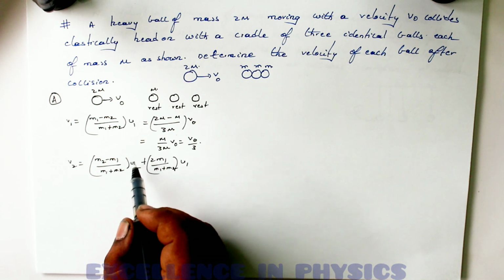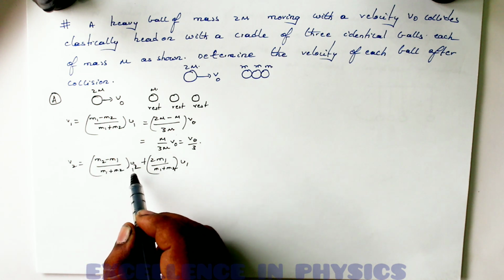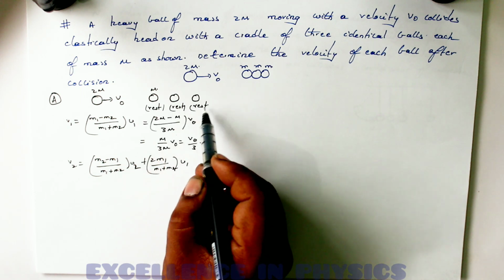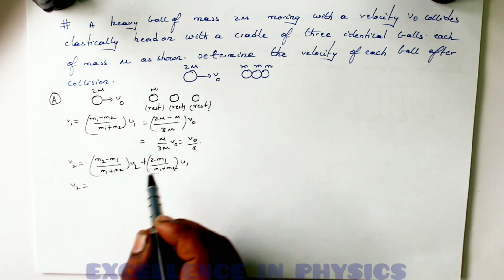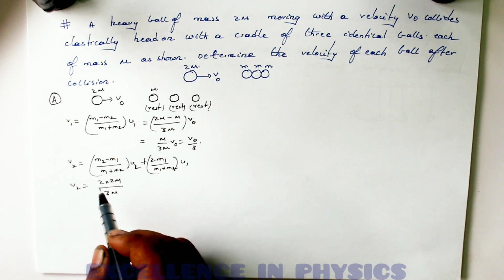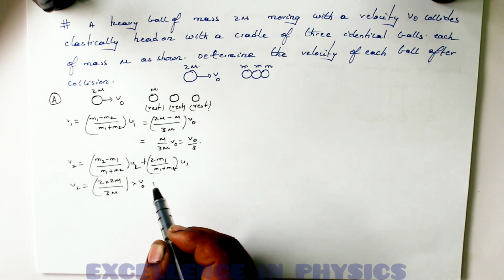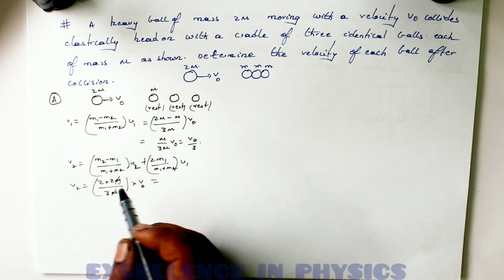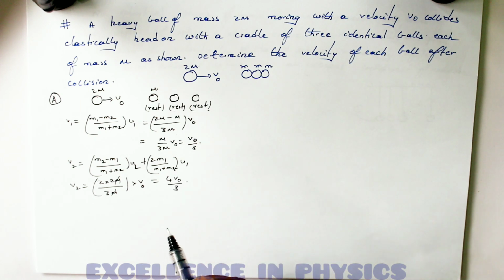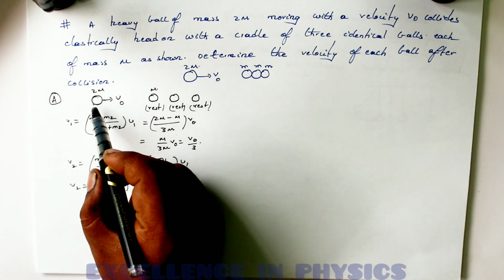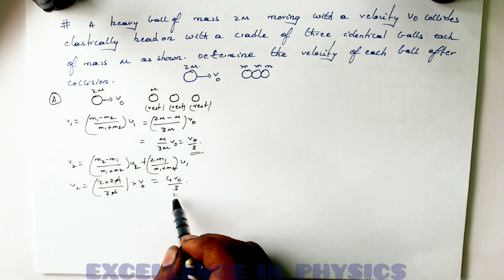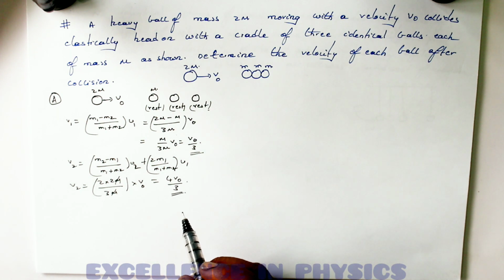Here this total term will become 0 because u2 is the initial velocity of this ball, which is 0 because it was at rest. Now v2 is 2 into 2m divided by 3m into its initial velocity v0. So m and m get cancelled, and it is equal to 4v0 divided by 3. After the collision, this ball will attain a velocity of v0 by 3, and the first target ball will attain a velocity of 4v0 divided by 3.